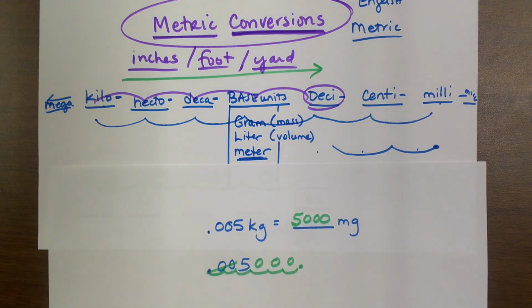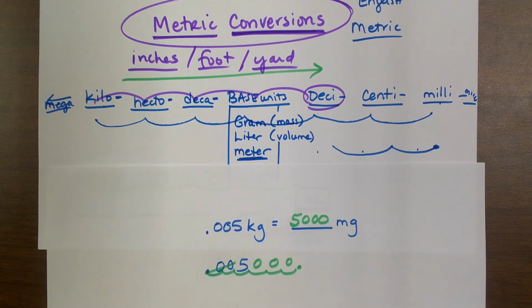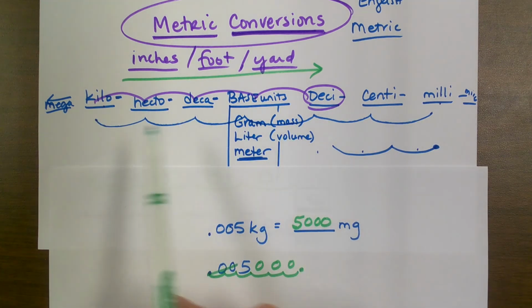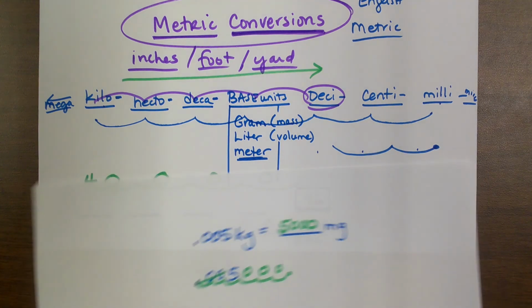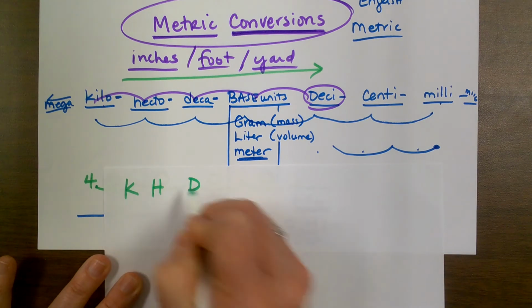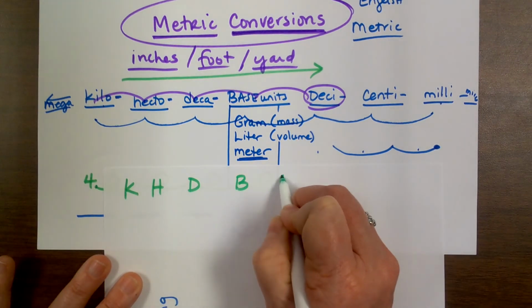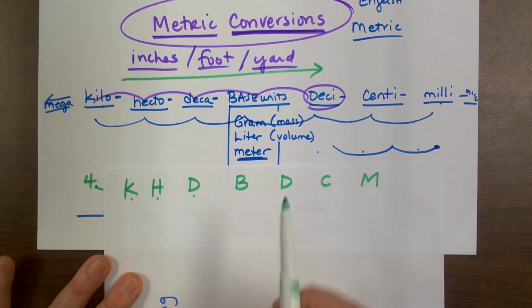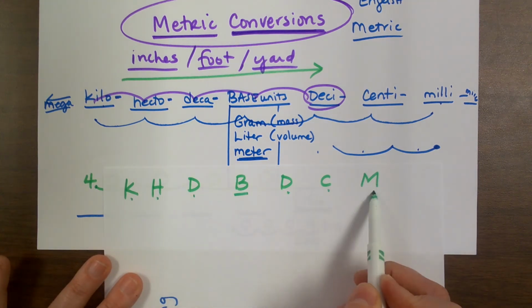So it's just a matter of converting. Where are you starting? Find your decimal and move left or right depending on the direction that you are going. So in the metric system, it's based on prefixes, and we just move back and forth depending on this pattern. Now, some people will teach you to memorize K, H, D, B, D, C, M. So that's kilo, hecto, deca, base, deci, centi, milli.